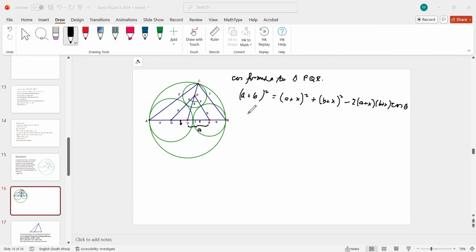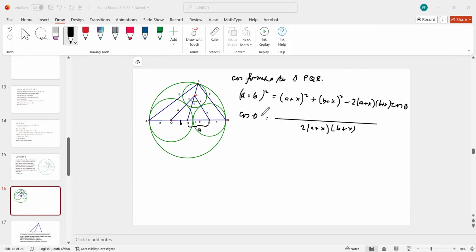So you can say that cos theta can make it the subject of the formula. If you bring this whole thing to this side, I'll have 2 times this cos theta. So the denominator is 2 into A plus X into B plus X. I'm missing out a step.